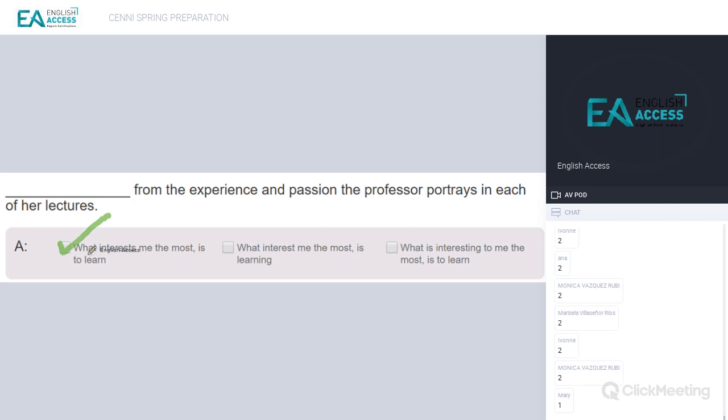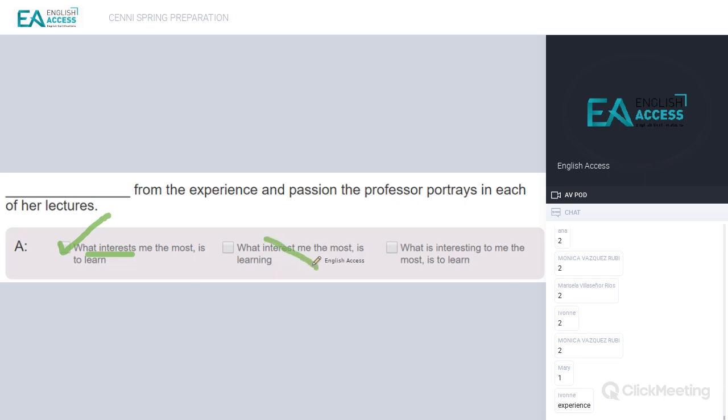Because what interests me is singular, not plural. It doesn't have to deal with experience. It deals with the fact that what interests me is singular. Since you're talking about a singular, the verb interest needs to have an s because it's third person. It interests me, right?